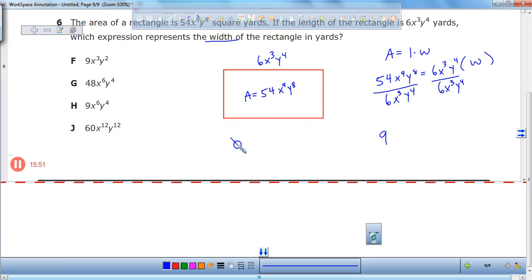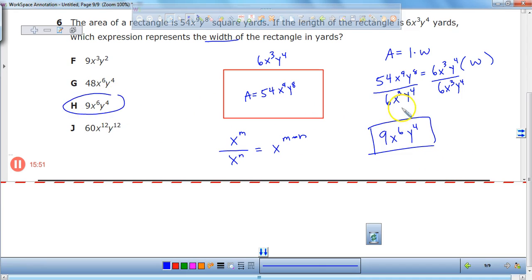So whenever you have x to the power of m over x to the power of n, you're allowed to subtract the exponents. So let's just subtract the exponents. Right here we have 9 and we're going to take away 3, so you're going to be left with 6. And here you have 8 and you're going to take away 4 and you're left with 4. And that's your answer. So it looks like our answer is answer choice H.